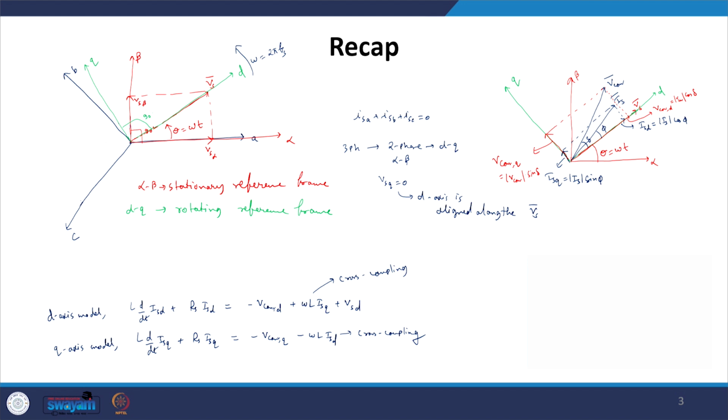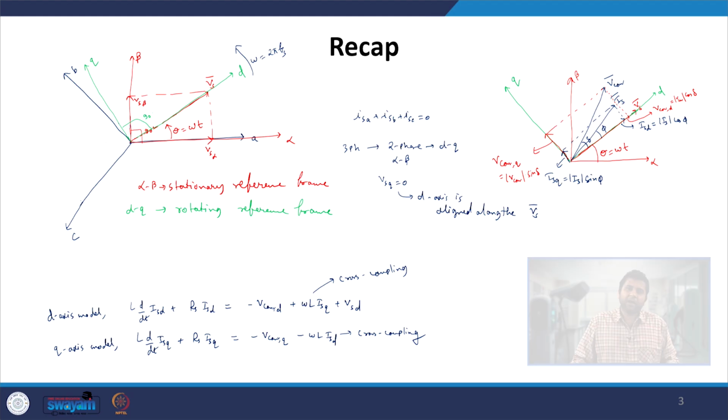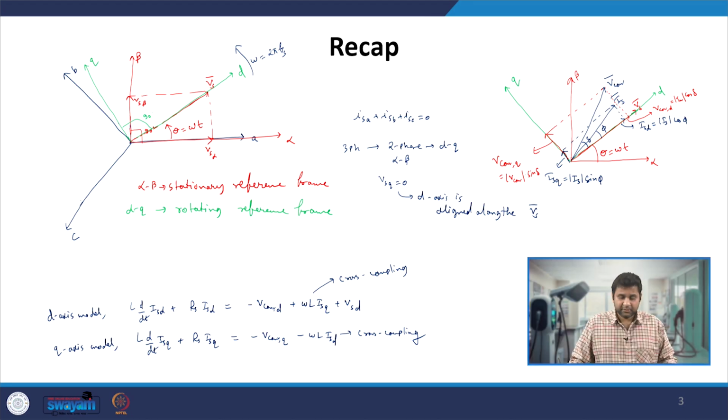We then define the current space vector, and if we ensure that the ISQ component is equal to 0, the IS space vector is perfectly aligned along the D axis. As the D axis is aligned along Vs, the IS and Vs space vectors are completely aligned, and that is when we have unity power factor operation in all three phases.